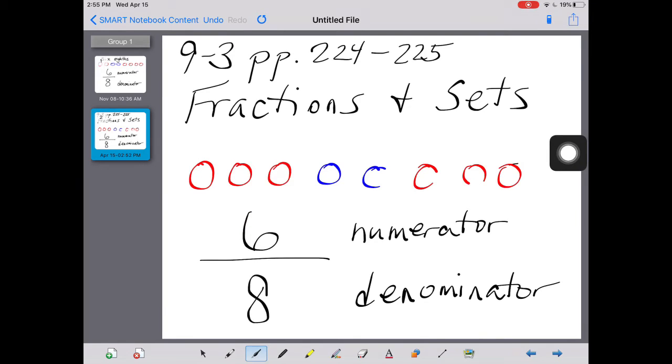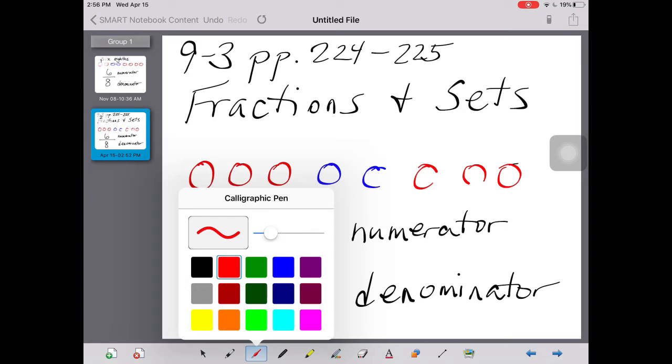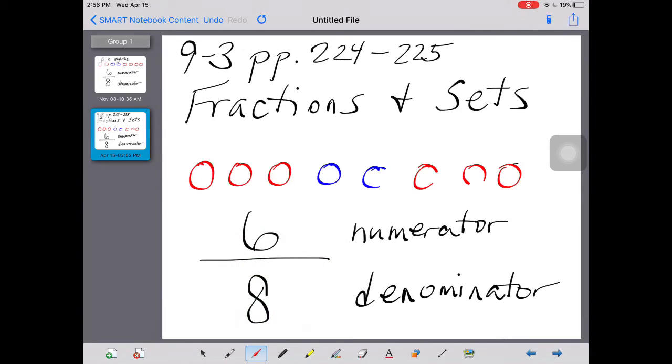So the answer would be 6/8 of the group of people standing in line are wearing red shirts. We could also write this out in words. 6/8. Beautiful, isn't it? There you go.